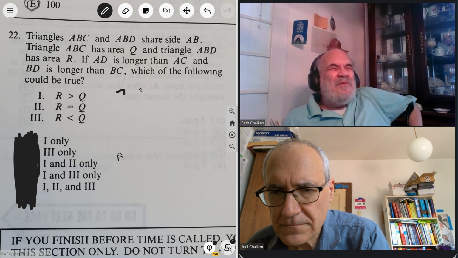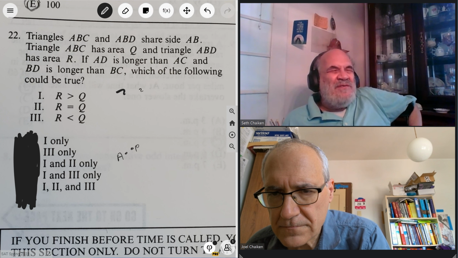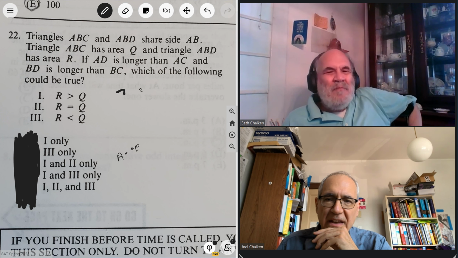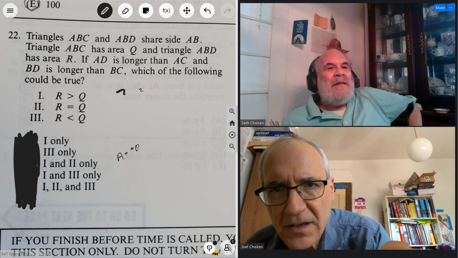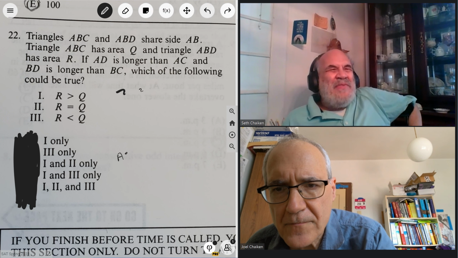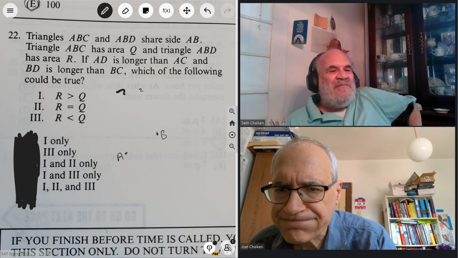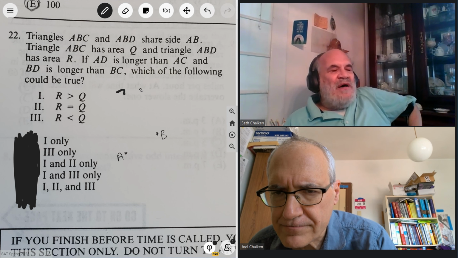Here we go. Suppose we start out with two triangles, the two triangles being of equal area. Good idea. And now let us see what happens if we increase the lengths of one of the edges.